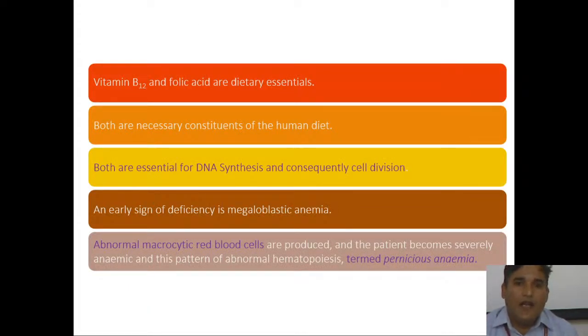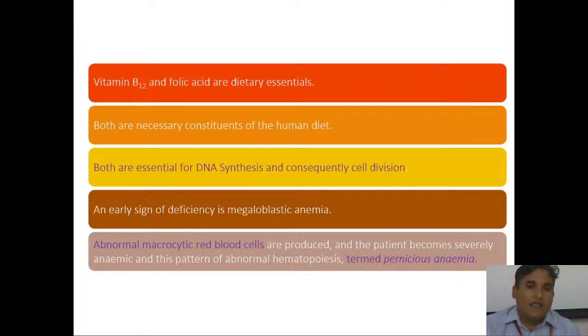Vitamin B12 and folic acid are also dietary essential micronutrients along with iron, and both must be available in the diet. Both are essential for the synthesis of DNA and consequently for cell division, especially in those body parts where cell division is very fast, the bone marrow and GIT mucosa.